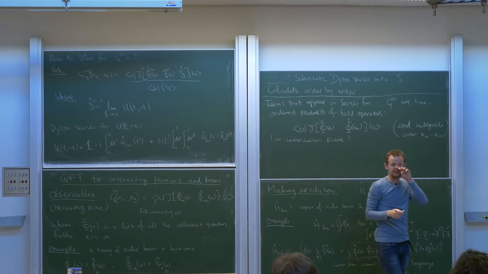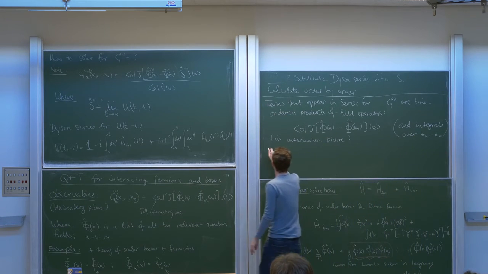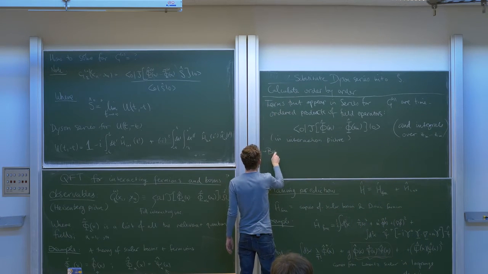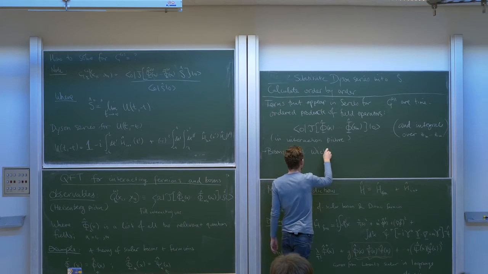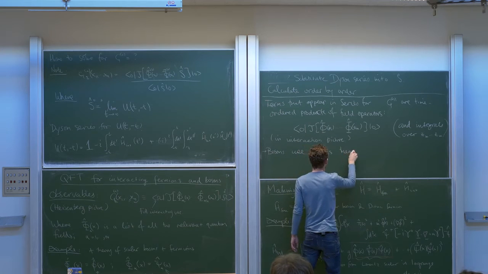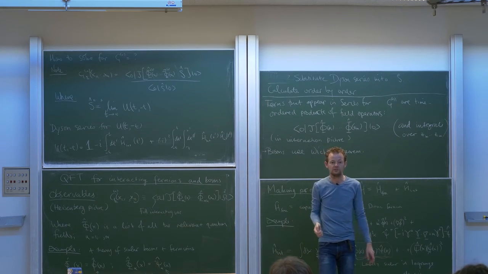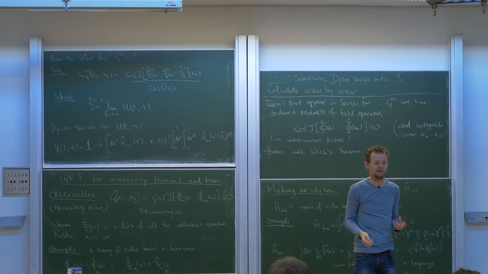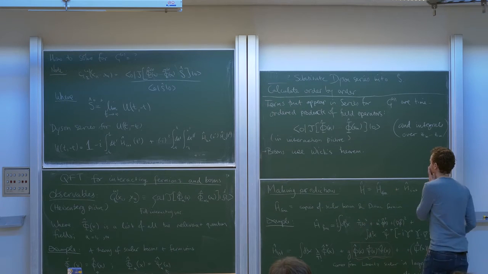Now for bosons, we did that by using a thing called Wick's theorem. And that's the missing piece that we need to be able to carry out this full apparatus for a full interacting theory of bosons and fermions.